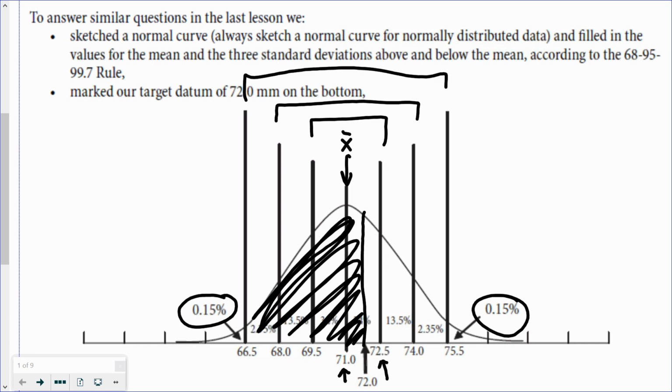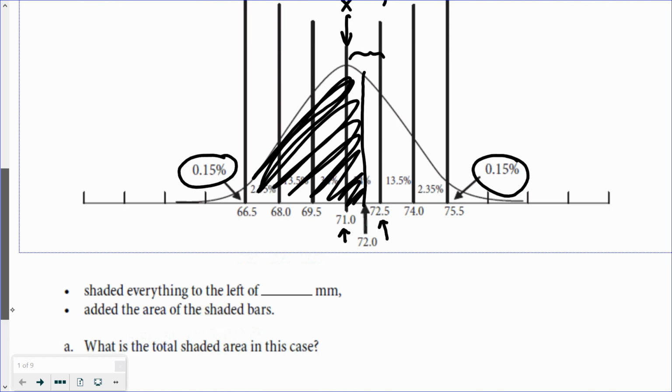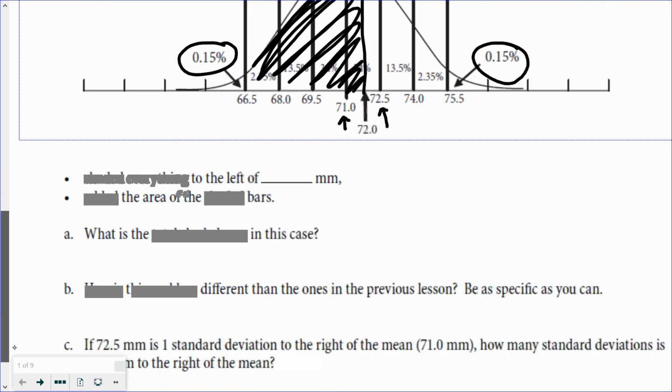So it covers off part of a standard deviation, right? It's not exactly on one of those lines, so we can't get those nice round numbers that we had before. We're kind of doing some estimating. So once we marked that data point of 72, we shaded everything to the left of 72 millimeters.